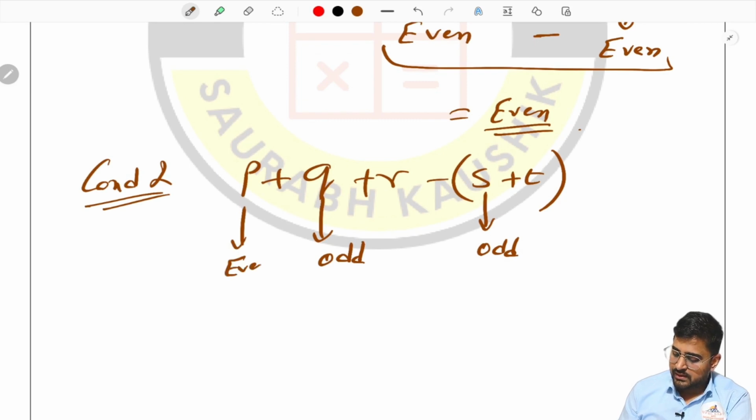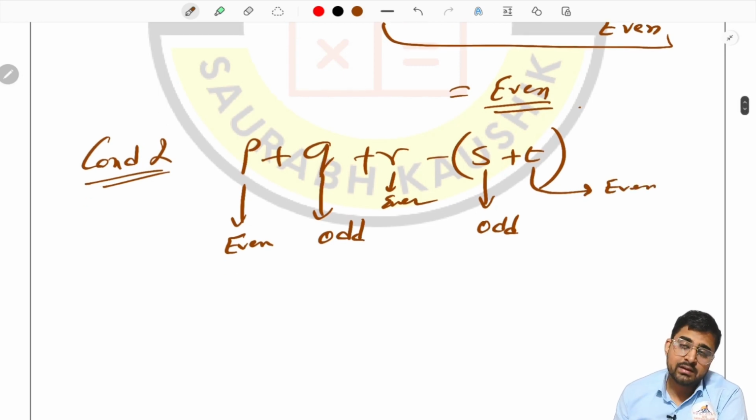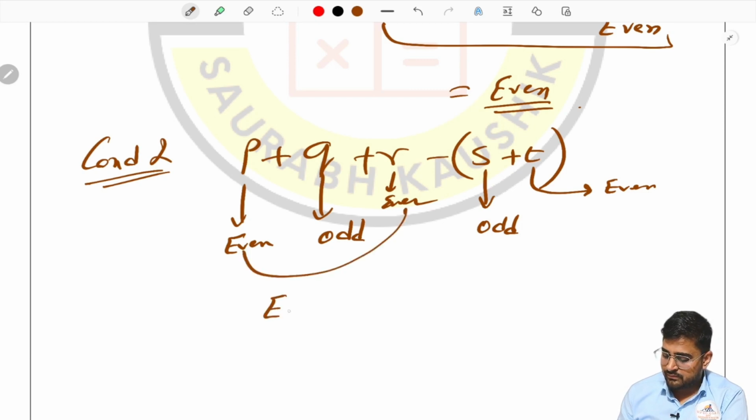Now the rest are even, even and even. Now let's see the arrangement. Even plus even will give you even.